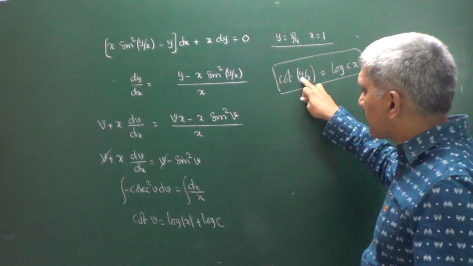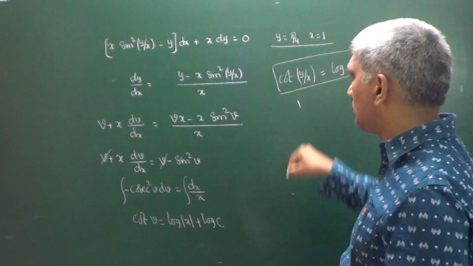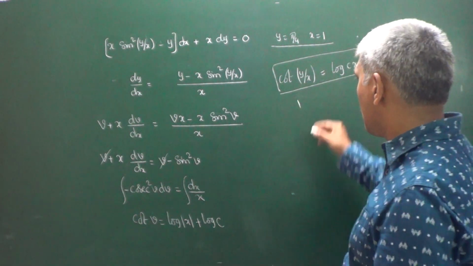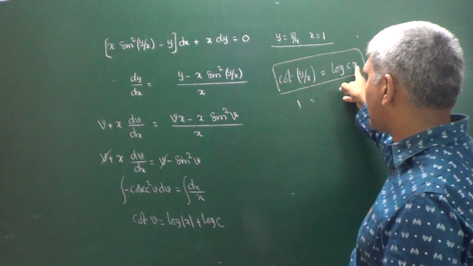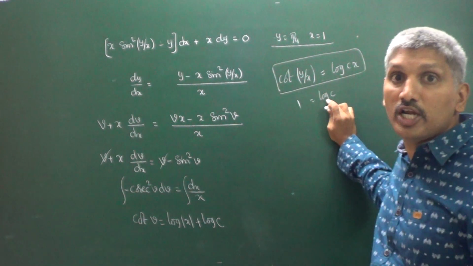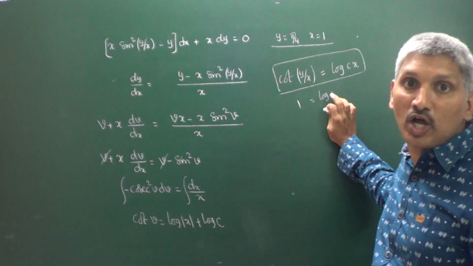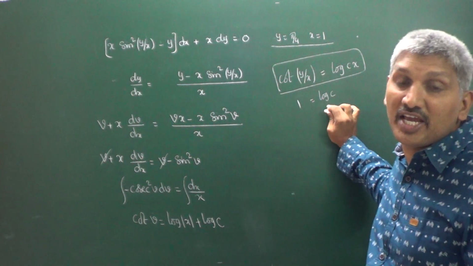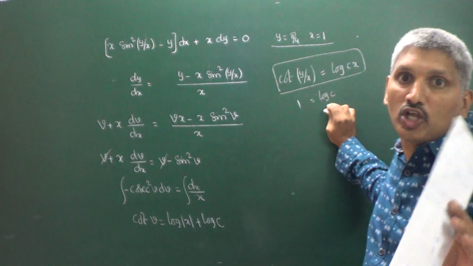In place of y pi by 4, x is equal to 1, left hand side becomes 1, whereas right hand side, what happens? X is equal to 1 means you will get log c. As I told earlier also, whenever I am writing logarithm of c, its meaning is ln, natural logarithm.